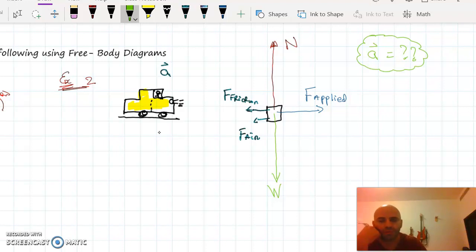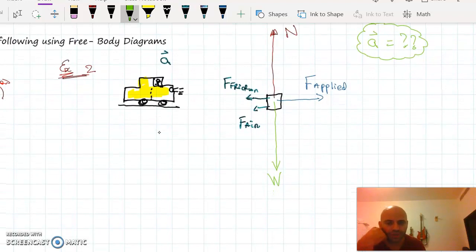If you were to sum up all the forces, you would see that in the up-down direction, those forces cancel each other out. But then in the right, left, or the x direction, the positive direction, we would have force applied, and this one is obviously greater.